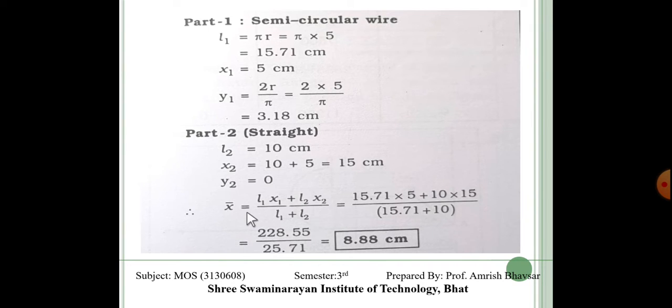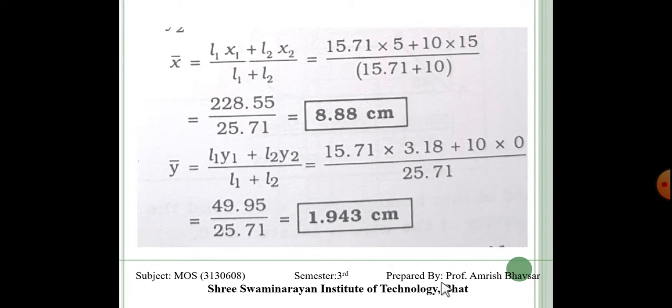So x bar is equal to L1 x1 plus L2 x2 upon L1 plus L2. So we will get 8.88 centimeter. Same way y bar L1 y1 plus L2 y2 upon L1 plus L2. So it's 1.943 centimeter.